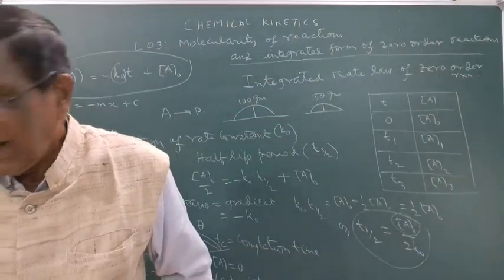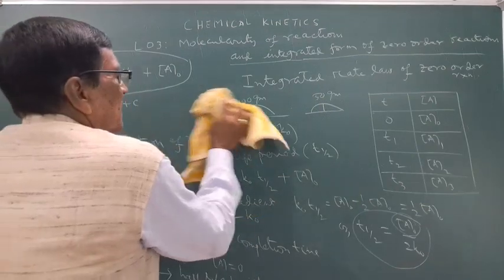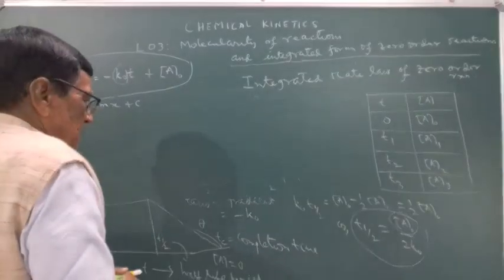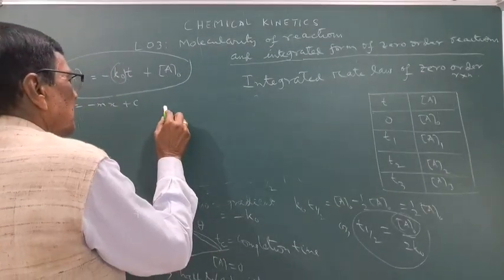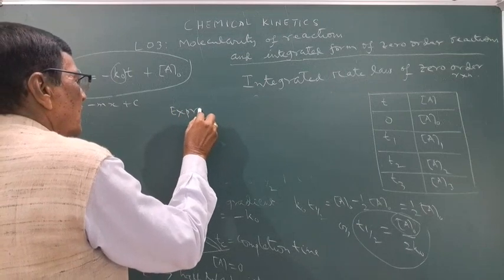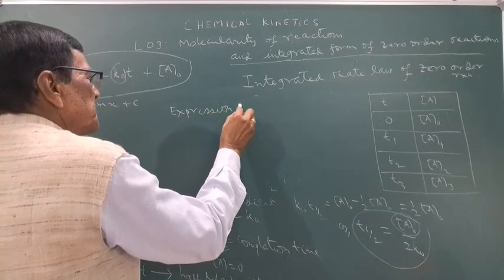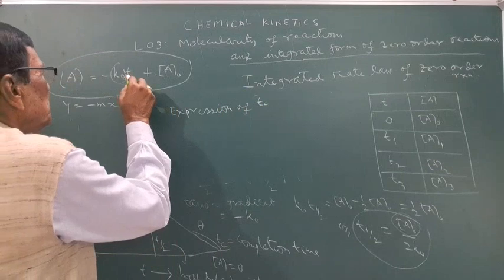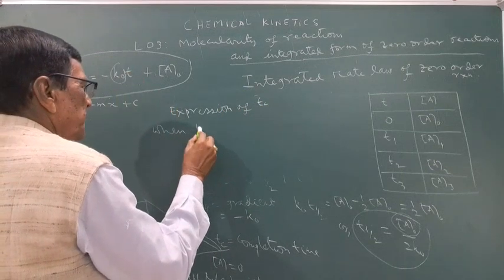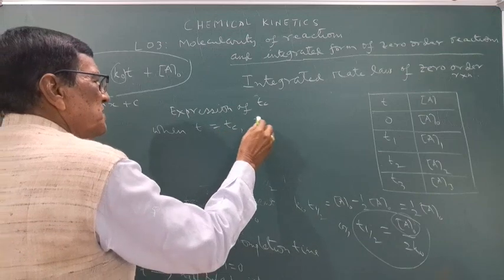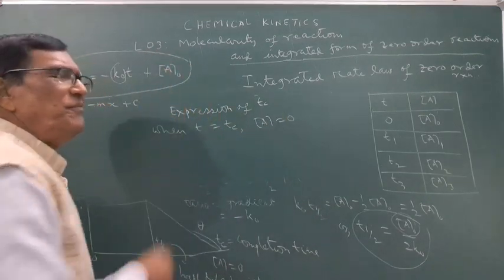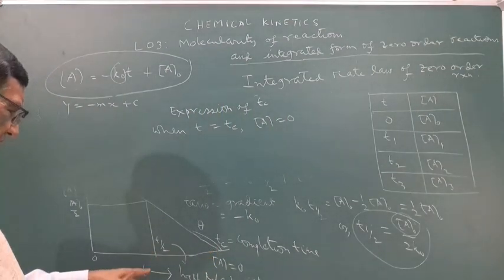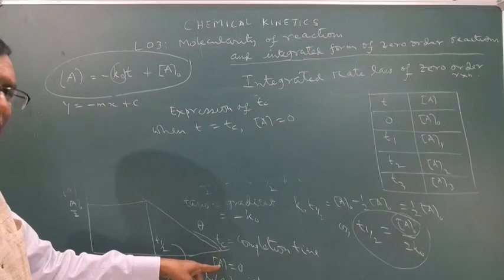Now I would like to find an expression for Tc, the completion time. So when T equals Tc, the concentration of A equals 0.